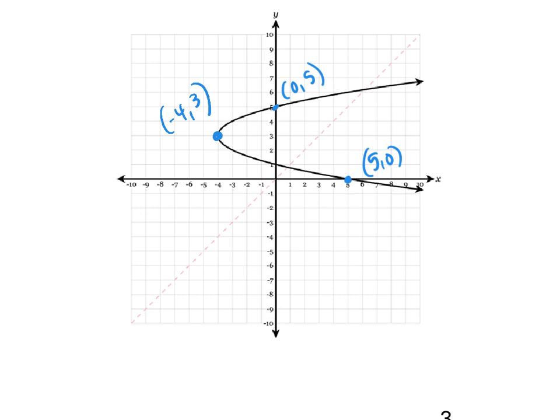If we reverse each of these ordered pairs, we get one at 3, negative 4. One at 5, 0, so this ends up covering the other one. And one at 0, 5. So our inverse is going to look like this.